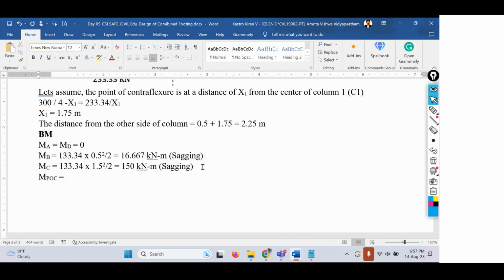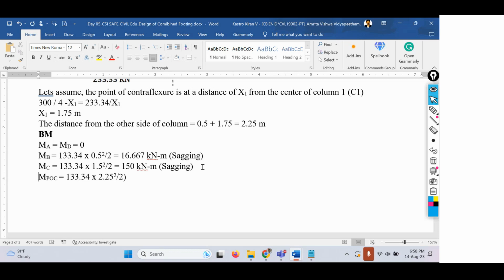The pressure intensity we know, that is 133.34, into the total distance. The total distance is 2.25 meters. So 2.25 square divided by 2, that is WL square by 2.